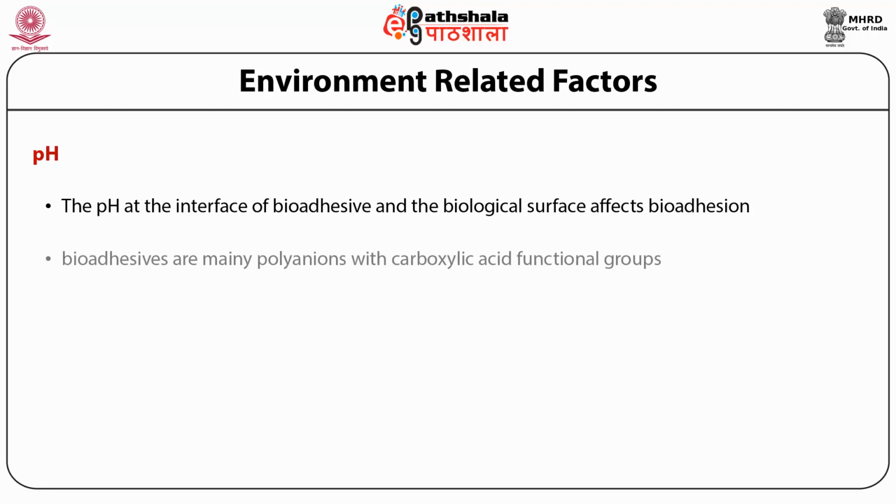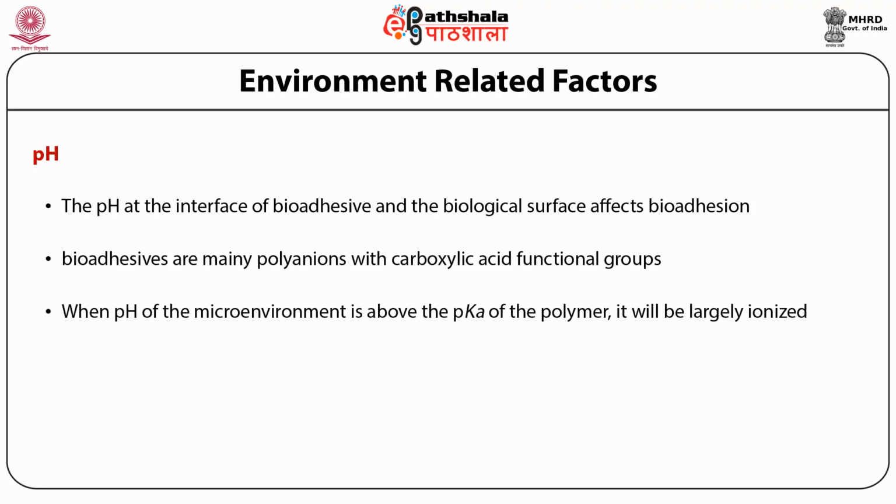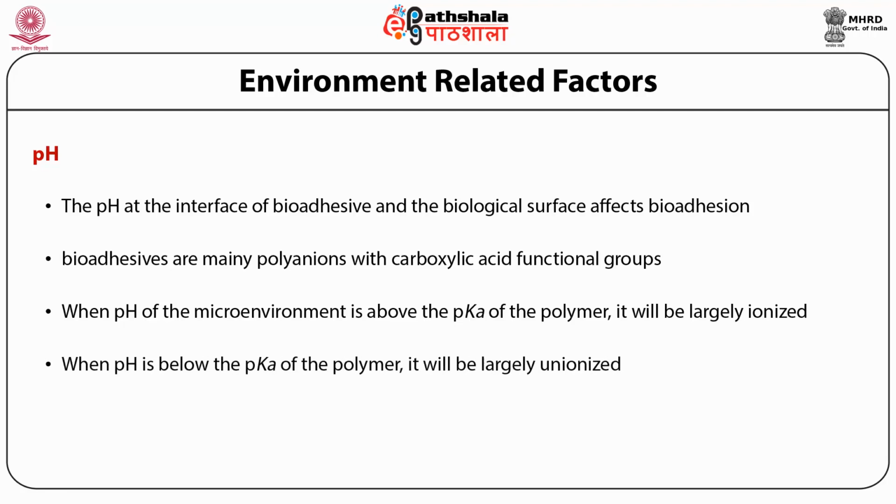Several mucoadhesive polymers are polyanions possessing carboxylic acid functional groups which are used in drug delivery. If the pH of the microenvironment is more than the pKa of the polymer, it will be largely ionized, and if the pH is below the pKa of the polymer, it will be largely unionized.